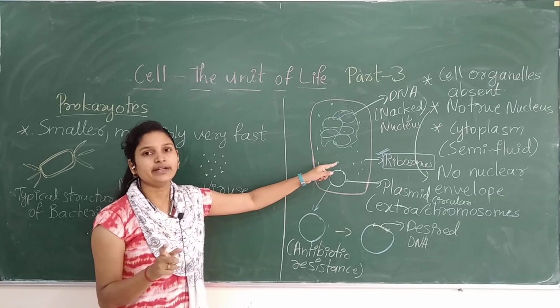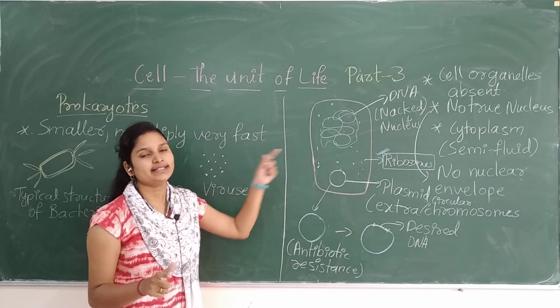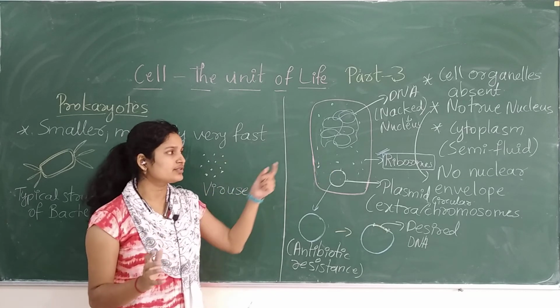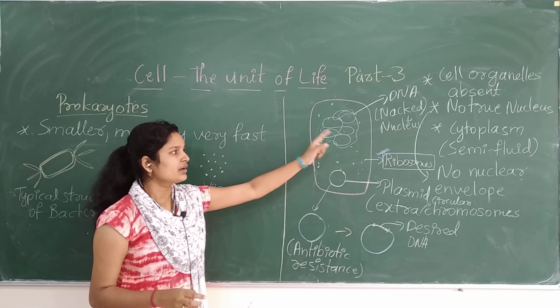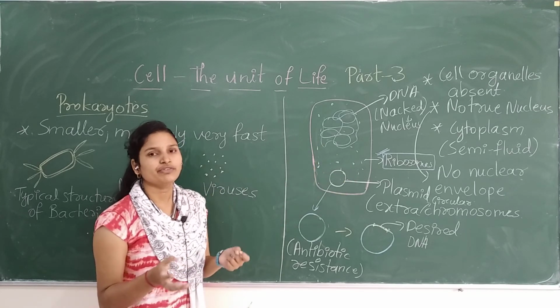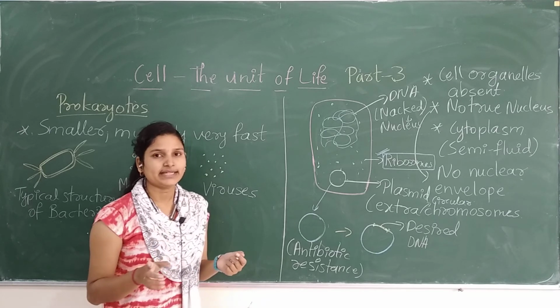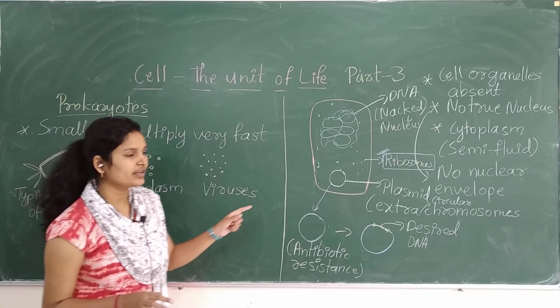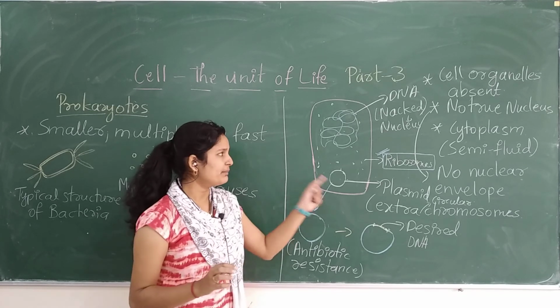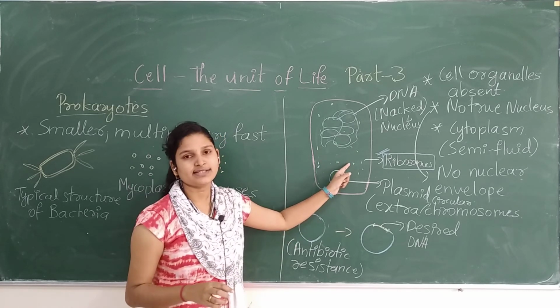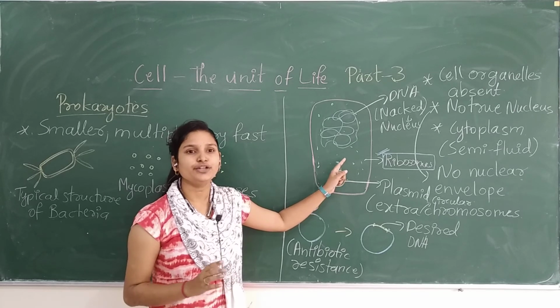Another similarity between prokaryotes and eukaryotes is the presence of ribosomes and the cytoplasm. In both we can see the semi-fluid material, that is cytoplasm. But in prokaryotes, as the nucleus is absent, we call it a naked nucleus.